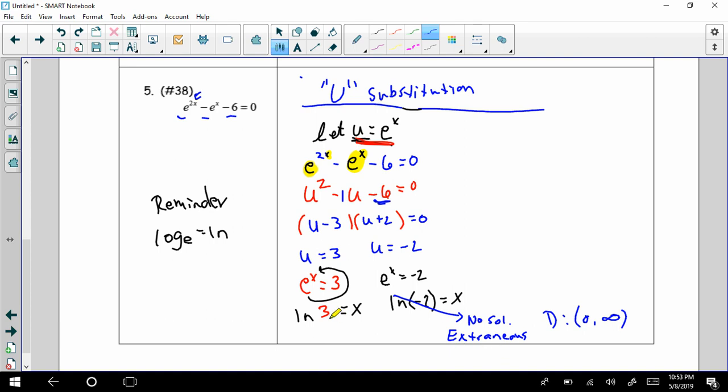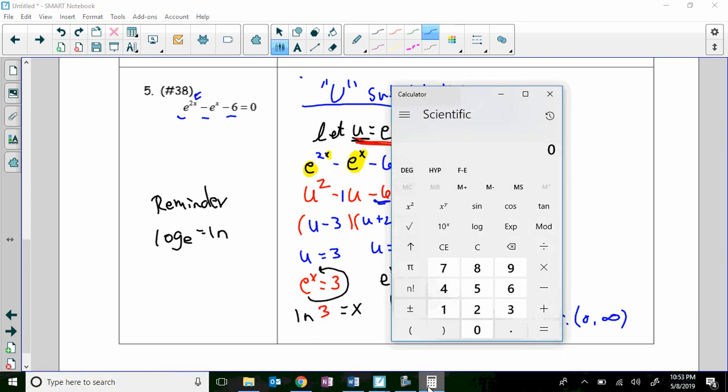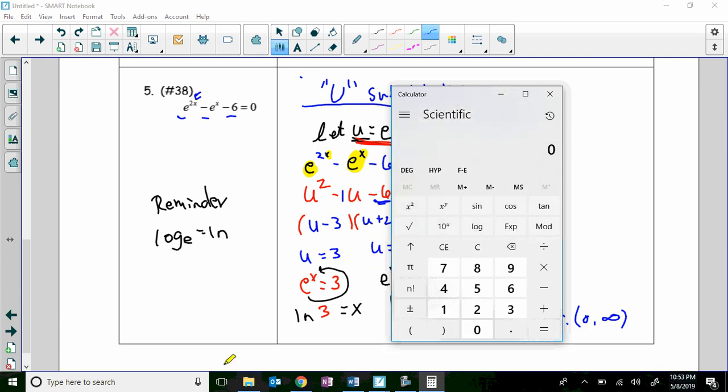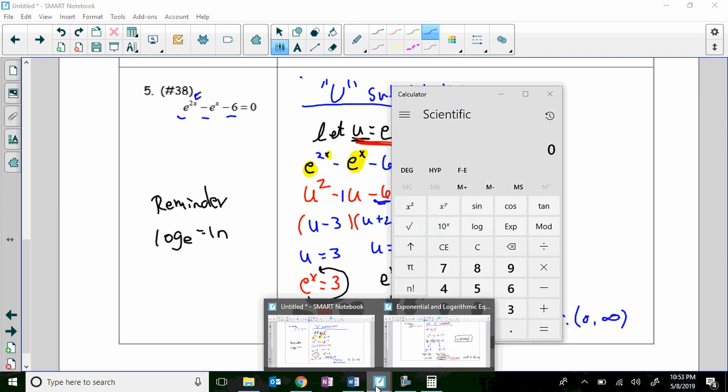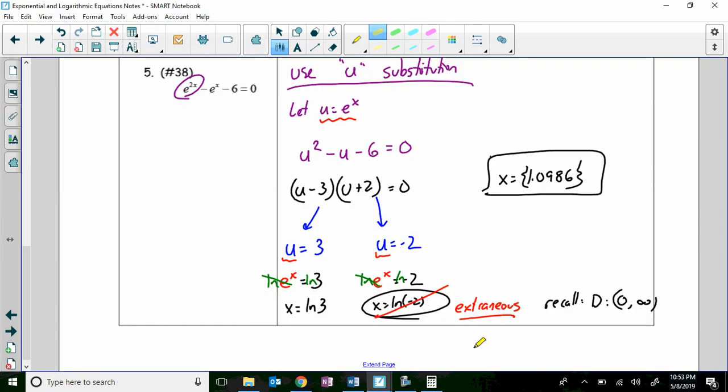For this one, you're just going to type that in your calculator. I don't know if my calculator here has an LN button or not. I don't see one. So I'm going to cheat again a little bit and go to my completed notes.